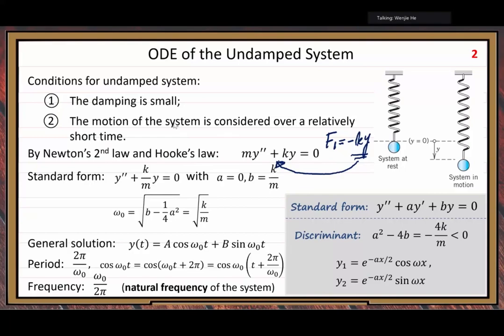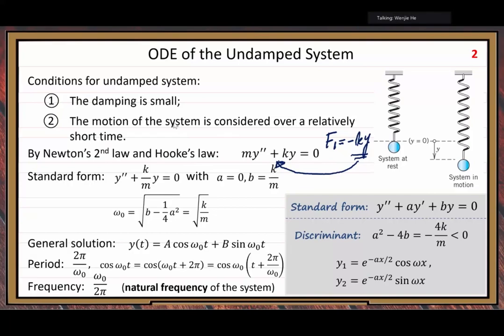Because later we will consider some external force applied to the system. Here there is no external force, only internal force.